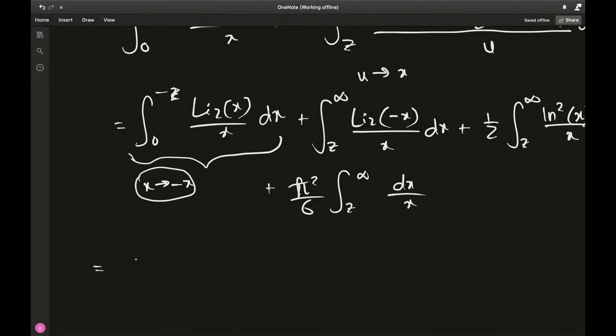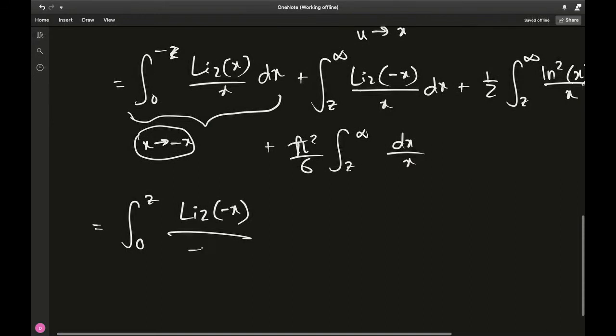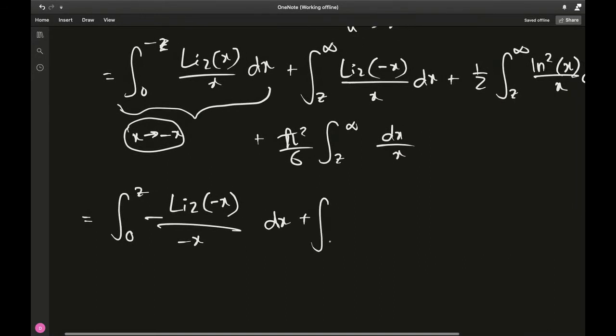So we'll have integral from 0 to z dilogarithm of negative x divided by negative x and a negative dx, like that, plus integral from z to infinity of dilogarithm of negative x over x dx.